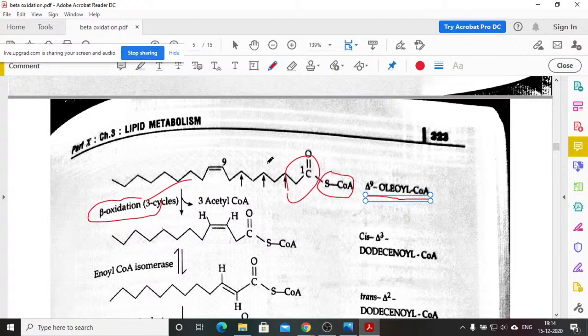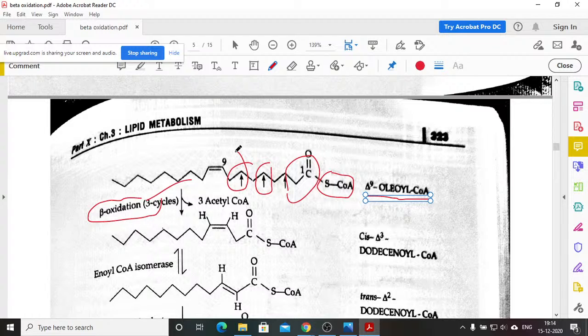This 2 is gone, next cycle this 2 is gone. So 3 cycles of beta oxidation take place. 3 NADH molecules are formed, 3 FADH2 molecules are formed, and all these energy compounds are formed. This is how the energy is formed, and 3 acetyl coenzyme A enter, so the Krebs cycle takes place 3 times.